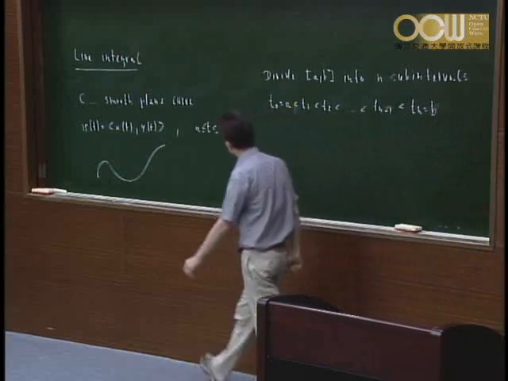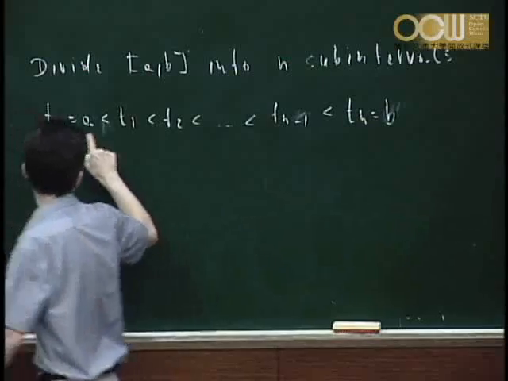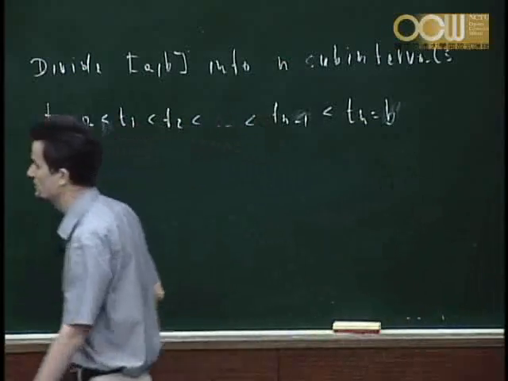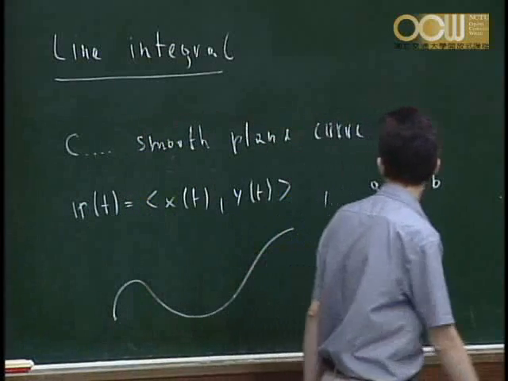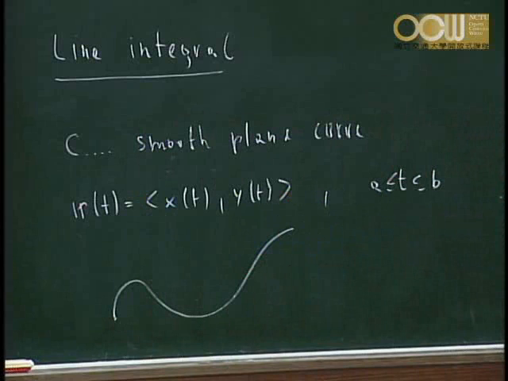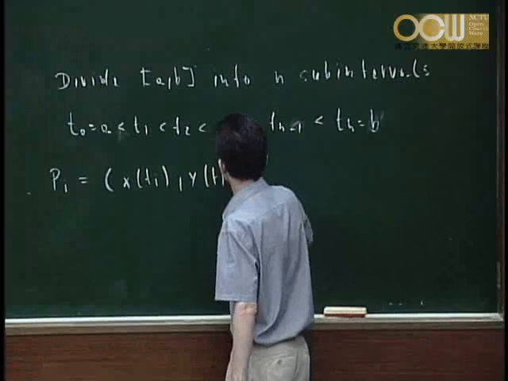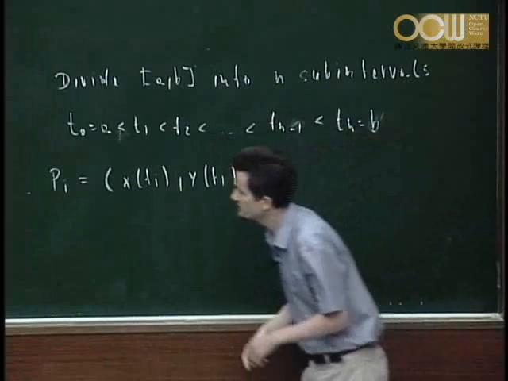If you plug in those values for the parameters, you will get corresponding points on the plane curve. You will have a point Pi, which is given by the coordinates x of ti and y of ti.